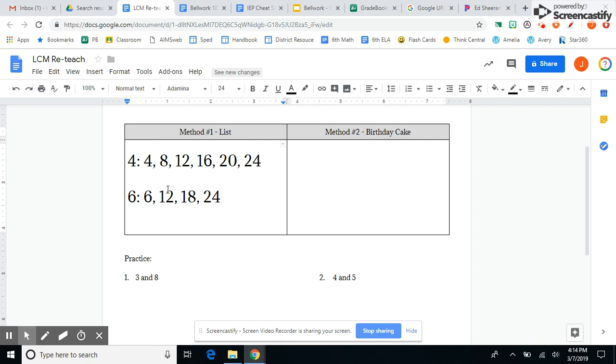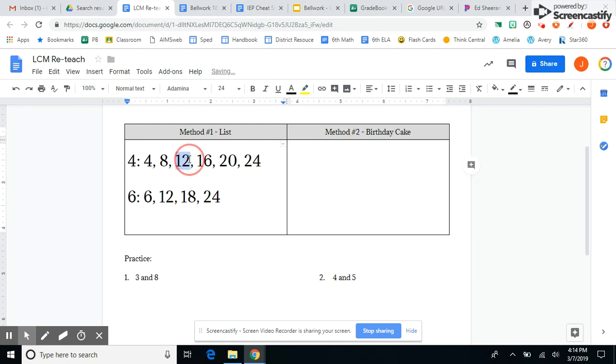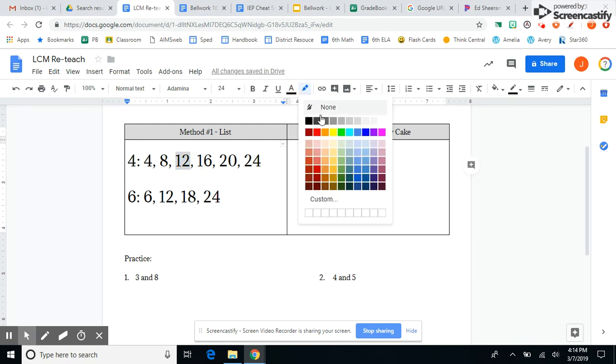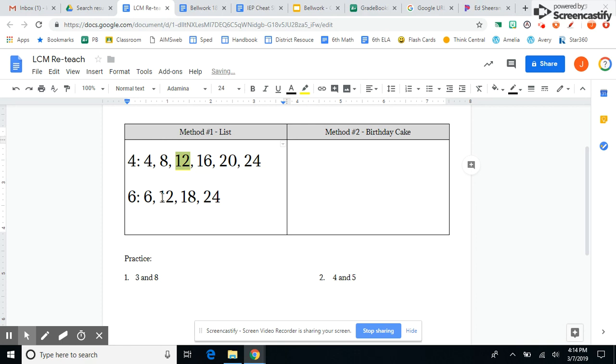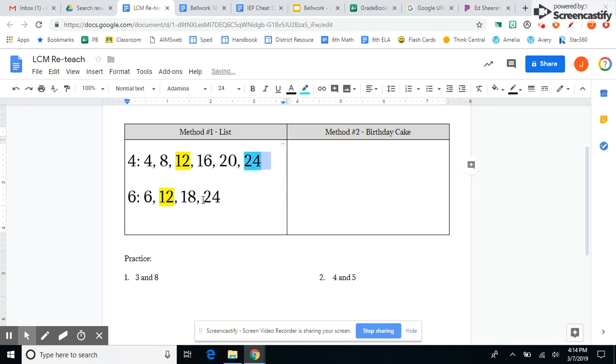Now, as I'm looking at our list, I actually see that they have two numbers in common. They have 12 in common, and they also have 24 in common. However, because we're trying to find the least common multiple, we need the lowest number.